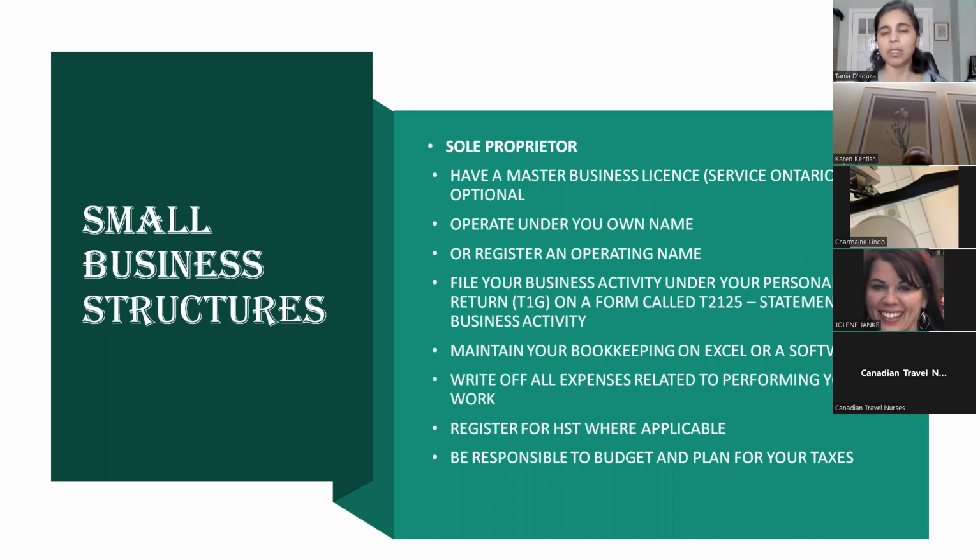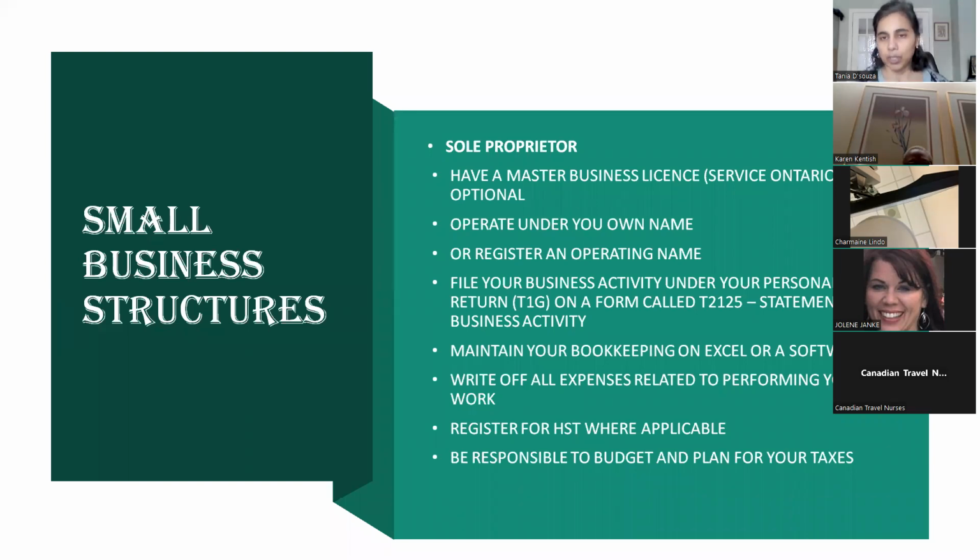Even people who have been in business for a long time say, I don't know what my T1G is. T1G is basically your personal income tax return. It's called T1 General, or T1G for short. So sometimes your mortgage broker or bank will say, can you please send us a copy of your T1G? That's what it means.